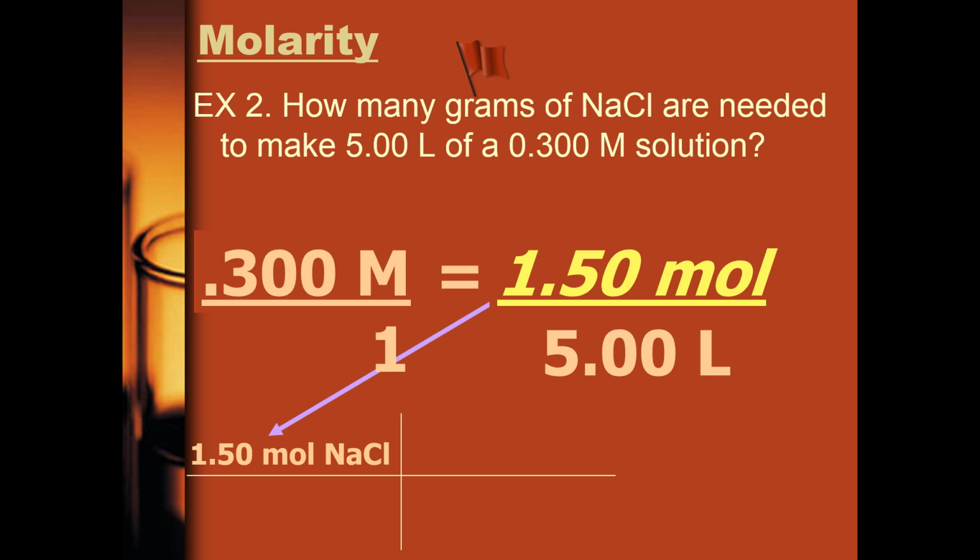So take a moment, get out your periodic table, hit pause, and calculate the molar mass of NaCl. If you're not sure what that means, find Na on the periodic table, take that mass, and add it to the mass of chlorine. If you're ready to move on and you want me to show you the molar mass of NaCl, keep watching.